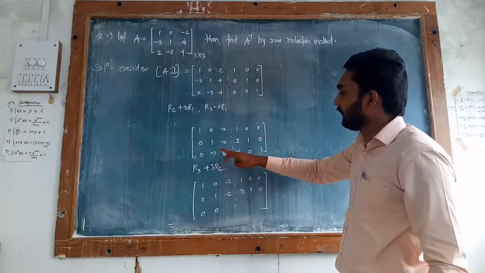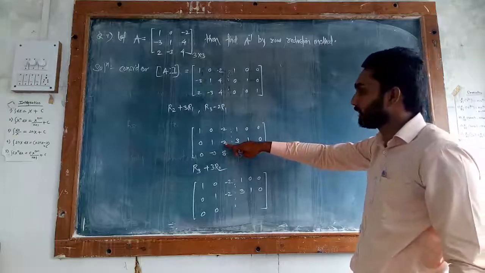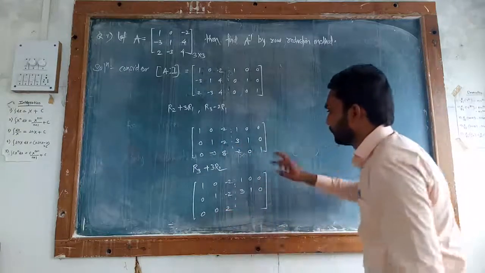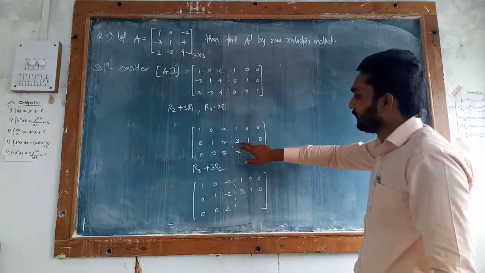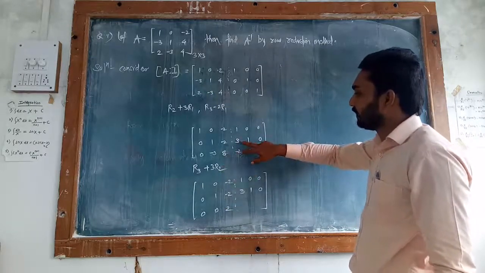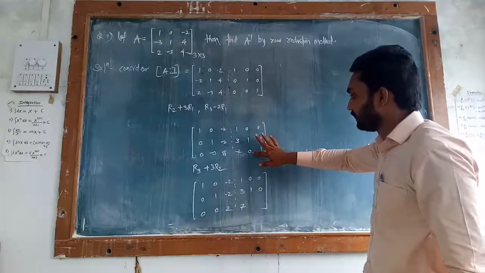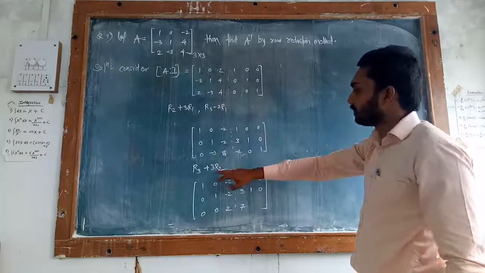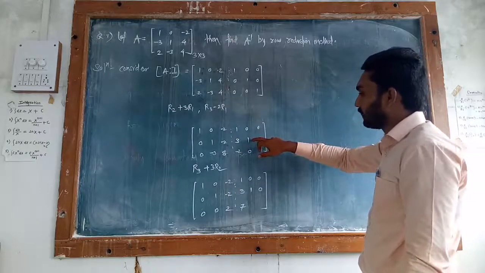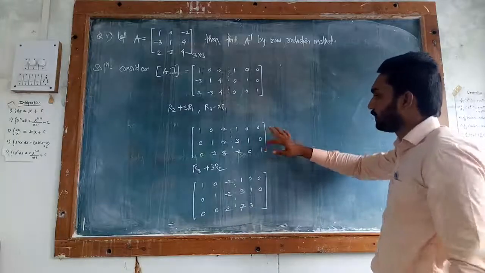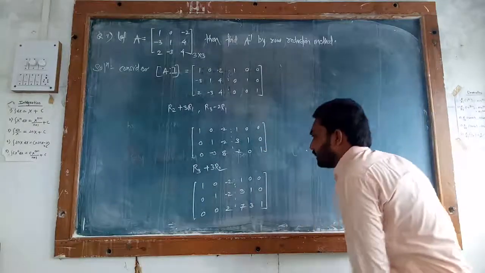Now 8, 3 into minus 2, that is your minus 6, and 8 minus 6 becomes plus 2. Again this minus 2 and this 3 into 3, that is 9. Minus 2 plus 9, that is your 7. Again 0. Right. Now 0 plus 3 into 1, that is 3, and 0 plus 3 is 3. Again last finally 1 plus 0, again 1.